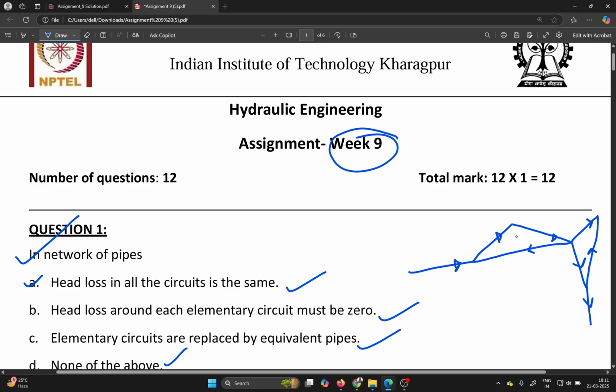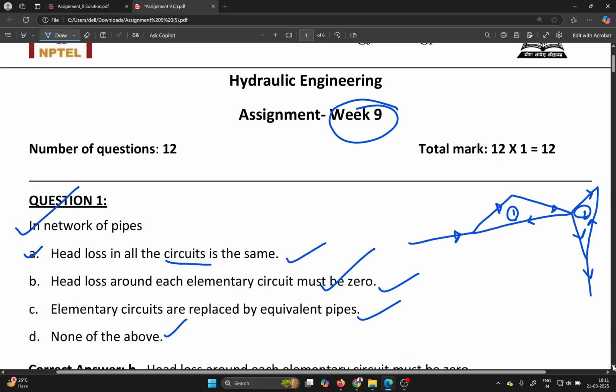So this is the circuit. This circuit 1, circuit 2. So the question is here, in network of pipe, if you will see all options is circuit, the head loss in all circuit same. So actually such type of circuit, the head loss around each elementary circuit must be zero. The option B will be correct for this question. Now we'll move on the next question.